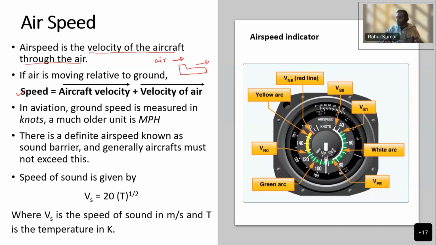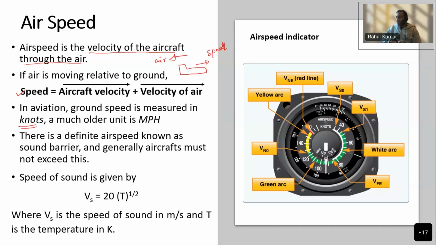So if they are in the same direction, the effective speed will increase. But if they are in opposite directions, the speed will decrease. That's why we do vector addition of aircraft velocity and the air velocity. Now in aviation, the airspeed is measured in knots.